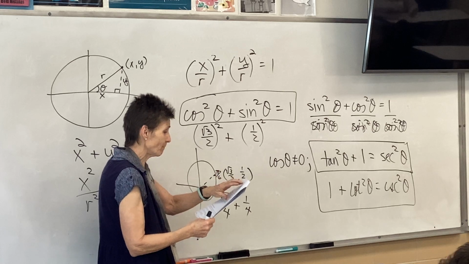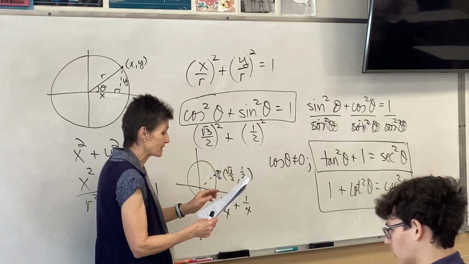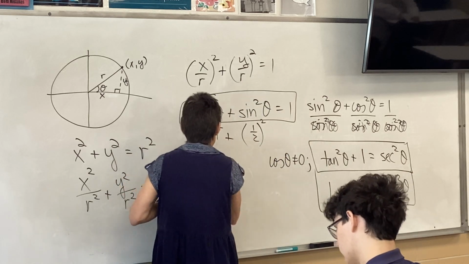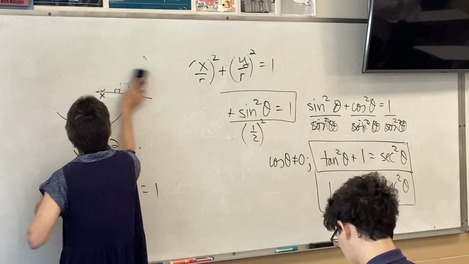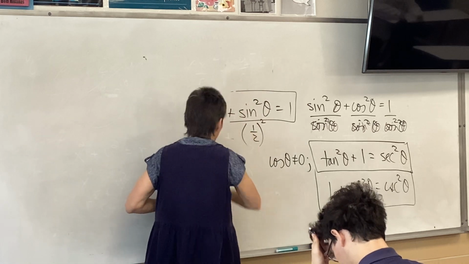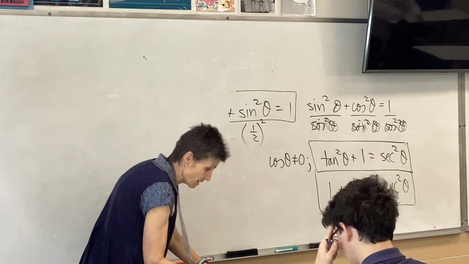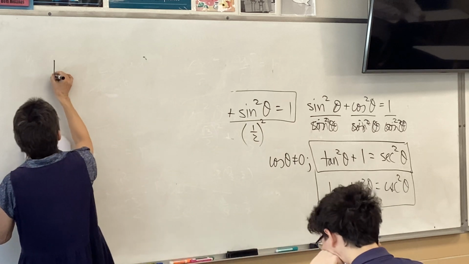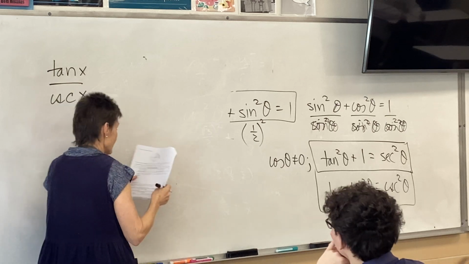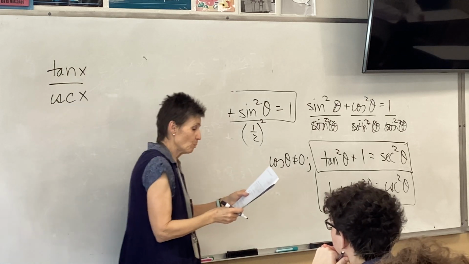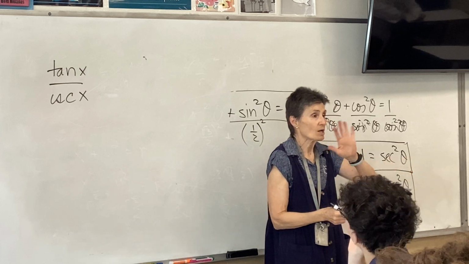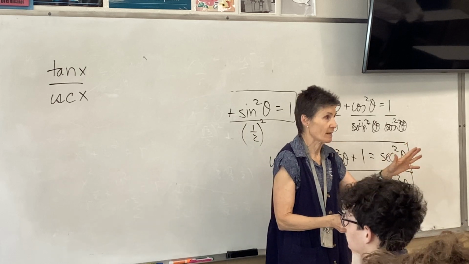Now, I'm gonna hold off on the inverses for a second and go to example 1 and see if you can make this work. So example 1 says we have tangent divided by cosecant, and we want to rewrite this so that the only function we have is cosine.